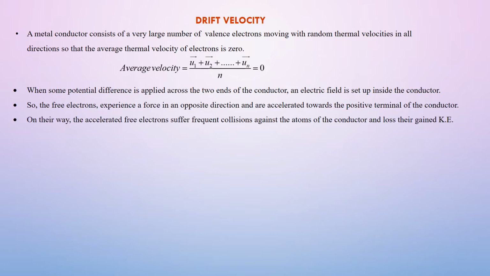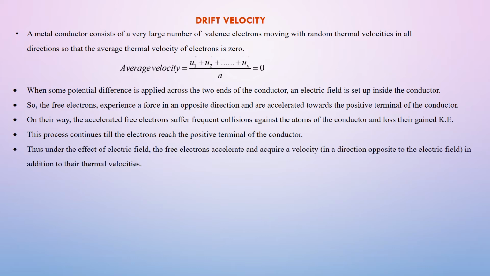While they are moving towards the positive terminal, the accelerated electrons suffer frequent collisions against the atoms of the conductor and they lose the kinetic energy which they have gained. This process continues till the electrons reach the positive terminal of the conductor.